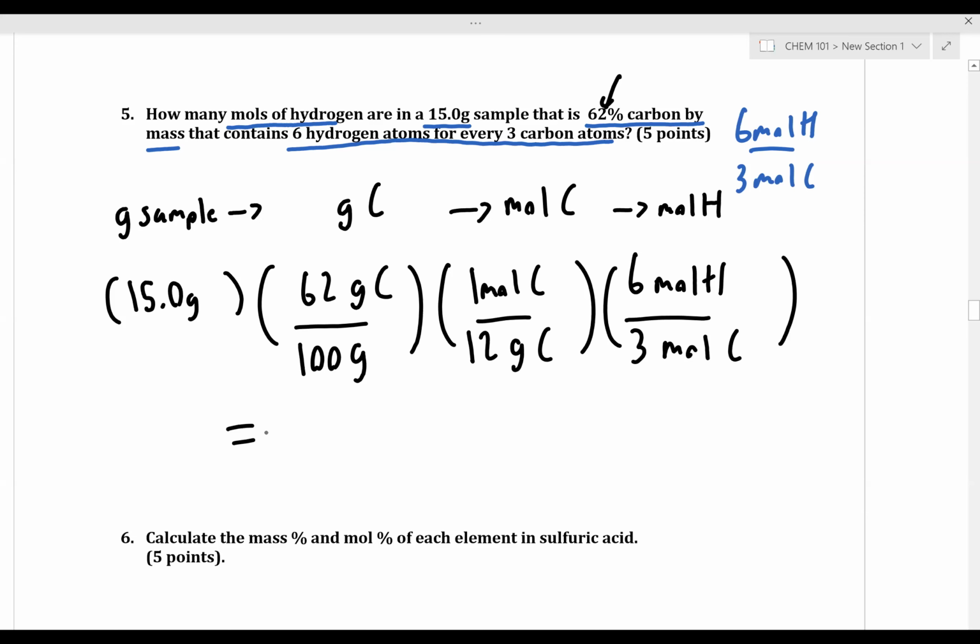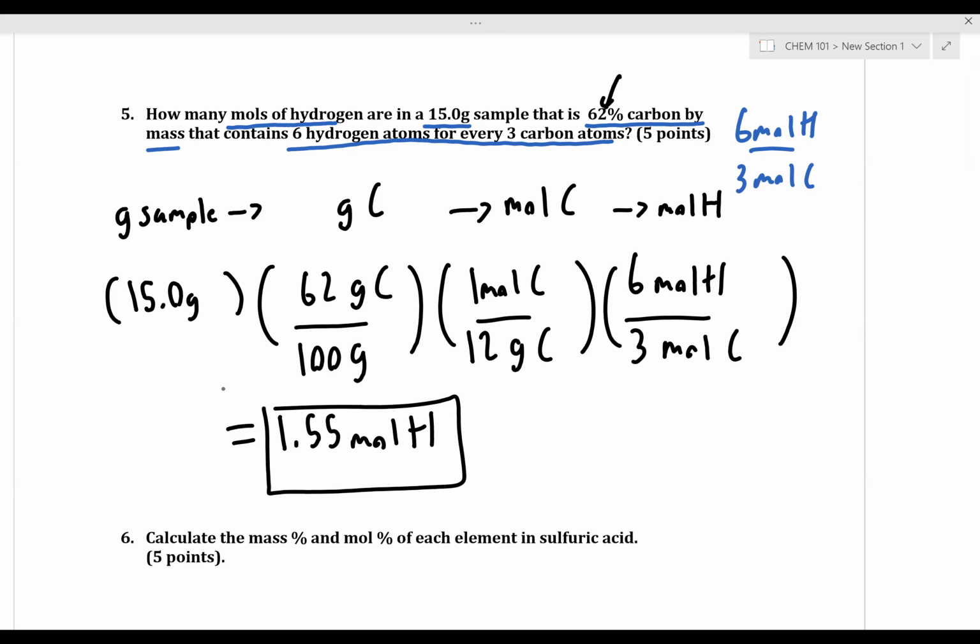So all we have to do is now execute on that. So we have 15 times 62 over 100 divided by 12 times 6 over 3. And that in turn gives us 1.55 moles of hydrogen. Does that make sense? So you have all the pieces. What's important and what I highly recommend that you do is you make these solution maps.